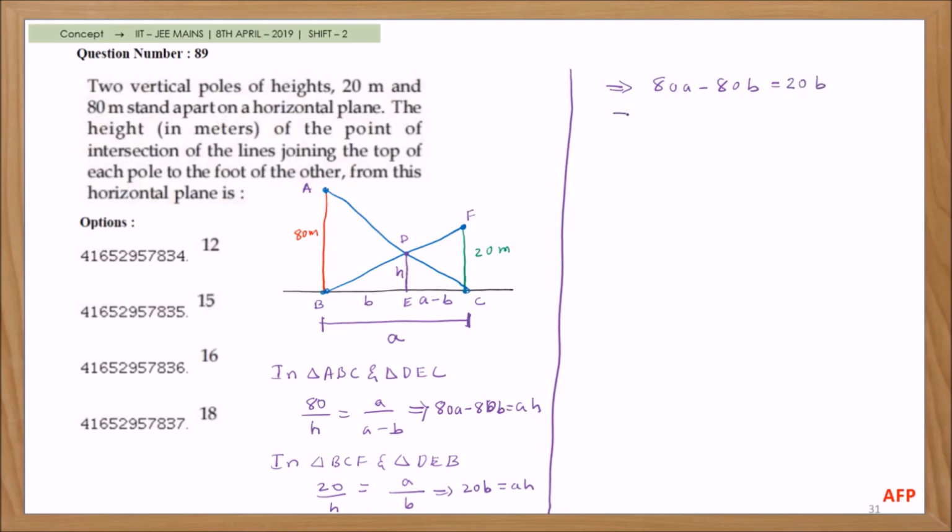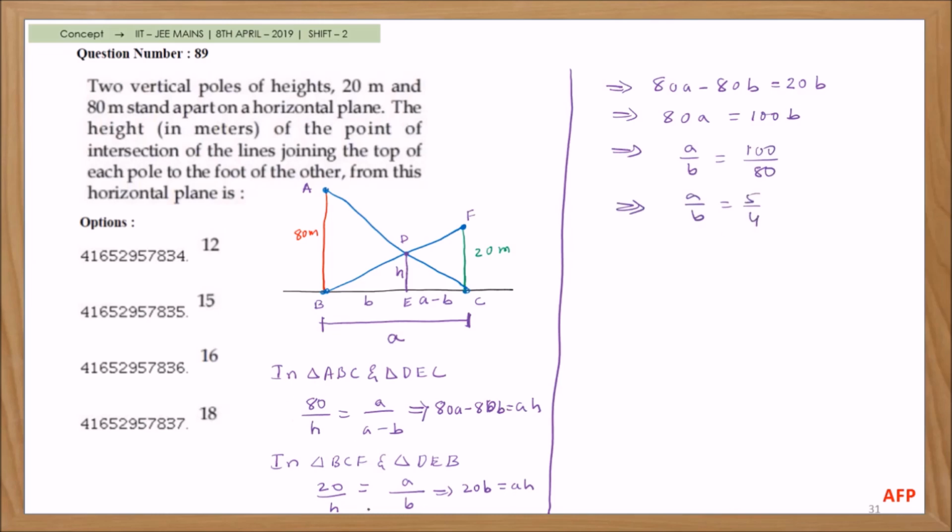If you send it to the other side, 80A equals 100B. This is nothing but A by B equals 100 by 80, so A by B equals 5 by 4 we got.